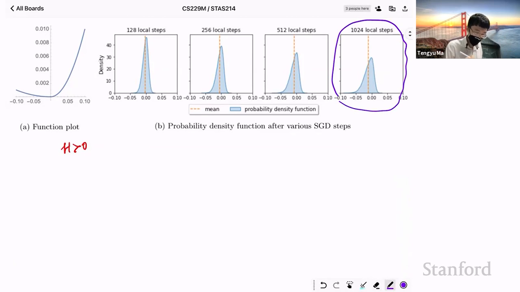This is the distribution of the xt when t is 1024. So t 1024 is pretty big, considered to be infinity, right? And you can see that it's bouncing around 0. 0 is the global minimum, but the mean is no longer 0 anymore because you have the third order derivative, and the mean is something left to 0.